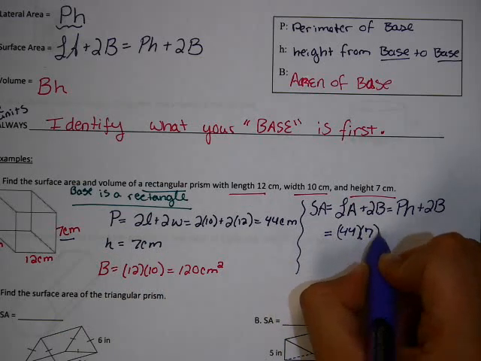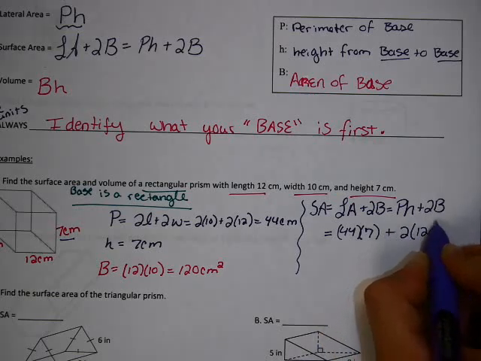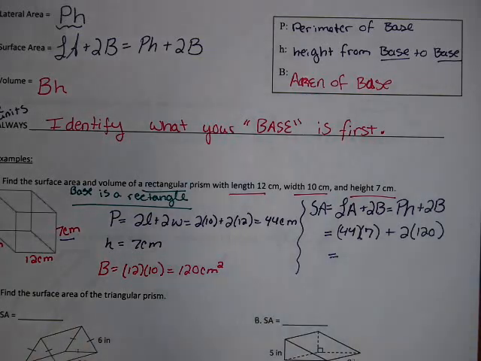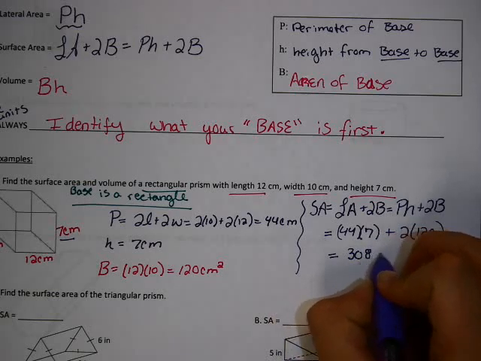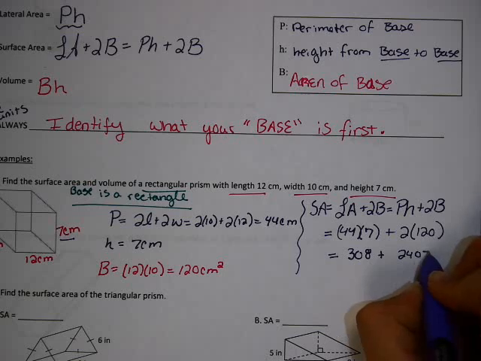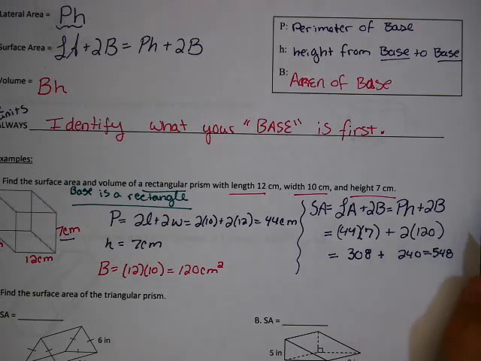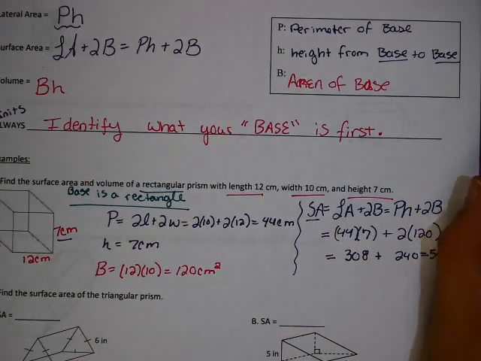Our height is 7, and our base is 120. All right, and when I simplify, I get 308 plus 240. So our surface area is a total of 548. Now units, because it's area, is centimeters squared.